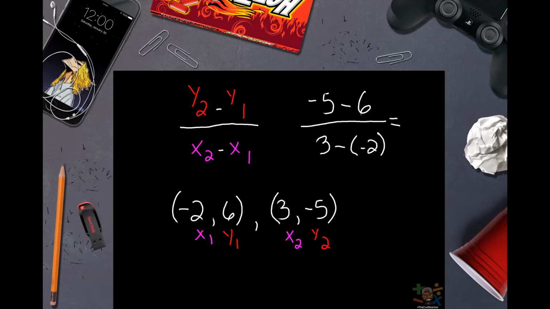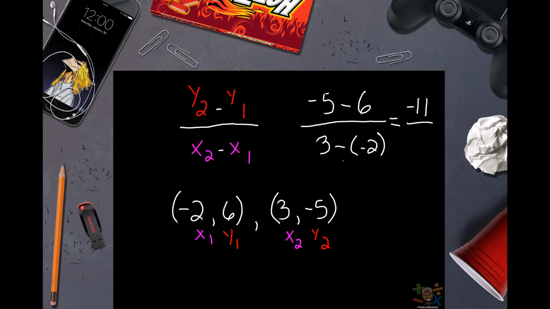When I go ahead and solve for this, I have -5 minus 6. Does anybody know what -5 minus 6 is? Nobody? It's going to be -11. I wanted to give you guys the opportunity to jump in with that.